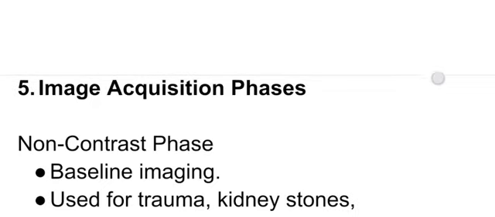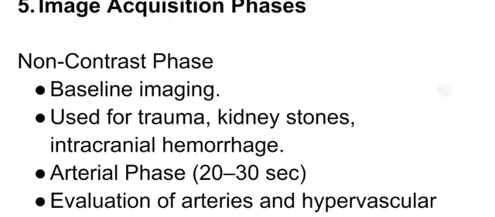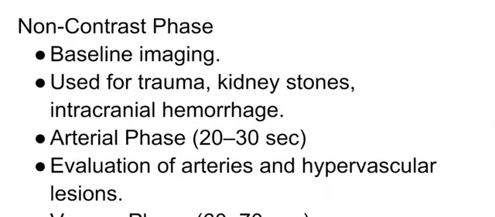Next is the image acquisition phase. In the non-contrast phase, without the administration of a contrast, we obtain baseline imaging, mostly in cases of trauma, kidney stones and intracranial hemorrhages. The arterial phase is about 20 to 30 seconds, for the evaluation of arteries and hypervascular lesions.